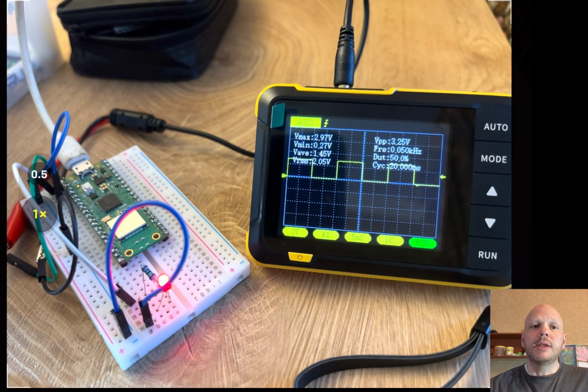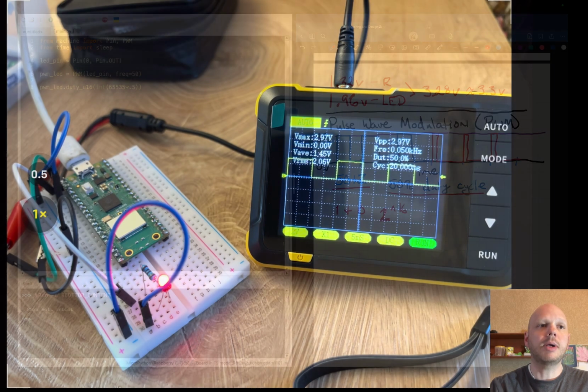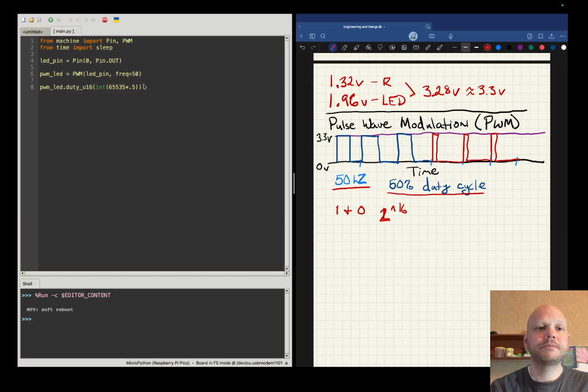So, I wanted to use this oscilloscope to show you what's actually going on with the pulse wave modulated signal. Now, let's make our LED flash off and dim, off and dim. The way that I would do that is jump back in so you can see the code. I'm going to do a while true loop. While true, I'm going to tab that over.